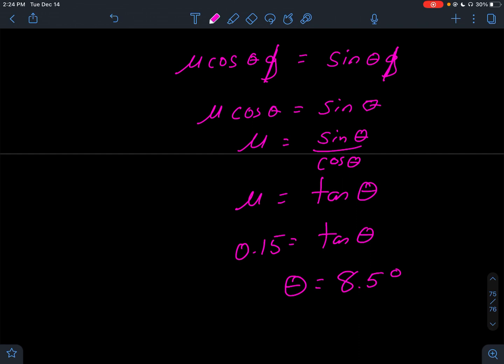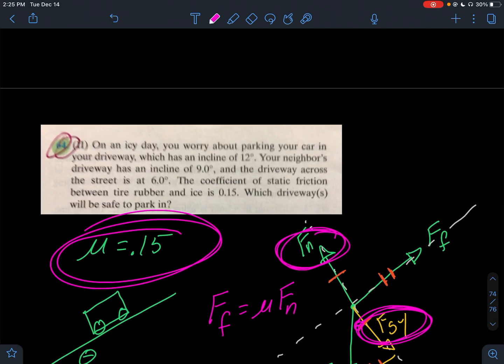If I park at 8.5 degrees or anything less, the forces will be equal, but anything greater than that angle is not safe. So I cannot park on the neighbor's driveway or your driveway. I have to park across the street, at the angle that's less than 8.5.